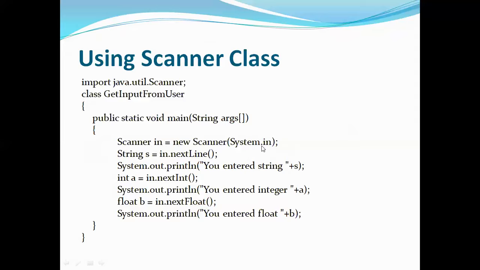And again, the input stream is taken. Whatever data we are typing will be taken by this Scanner object called in. Now the next thing is, here we are using a new method called nextLine. Like in the previous one we used readLine, here I'm using nextLine, which will scan the input from the Scanner's pointer.